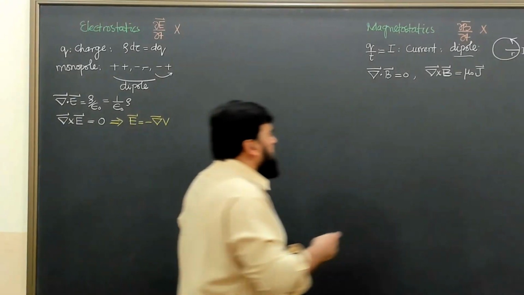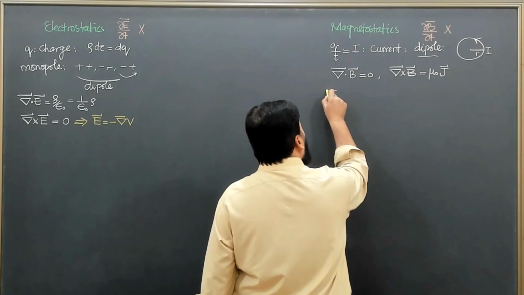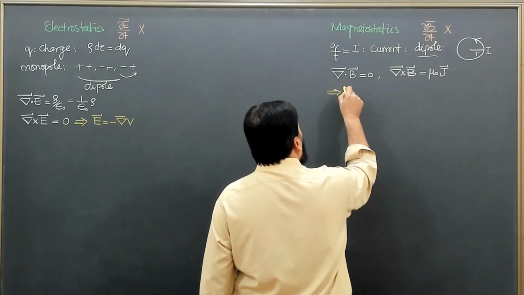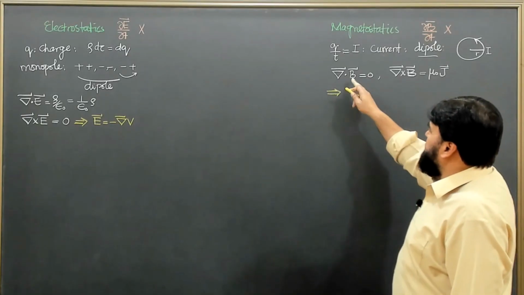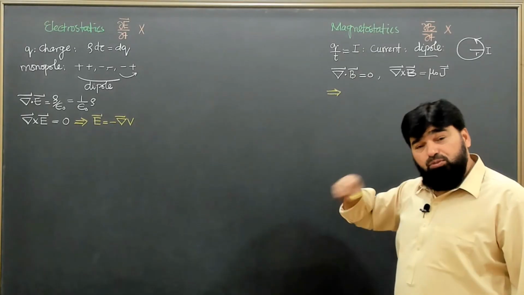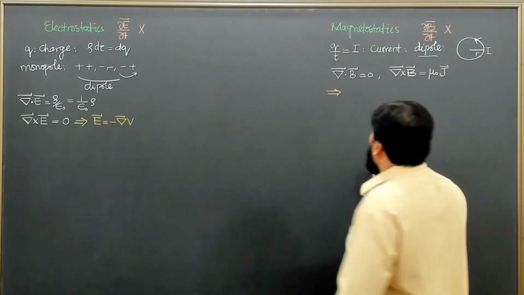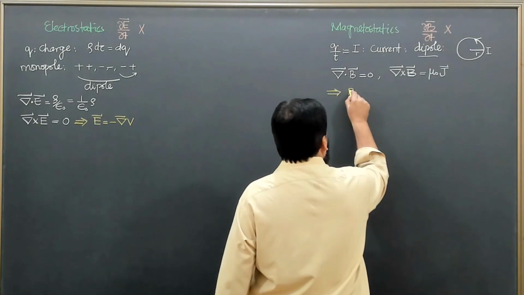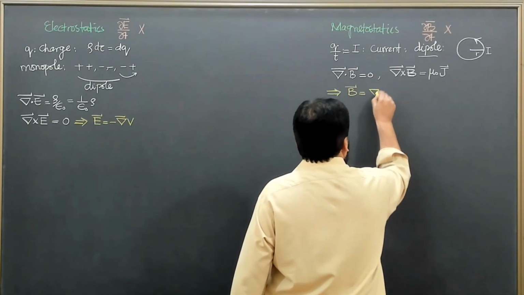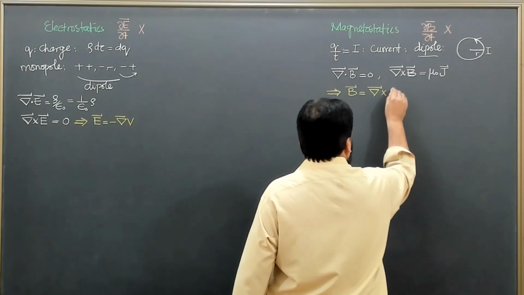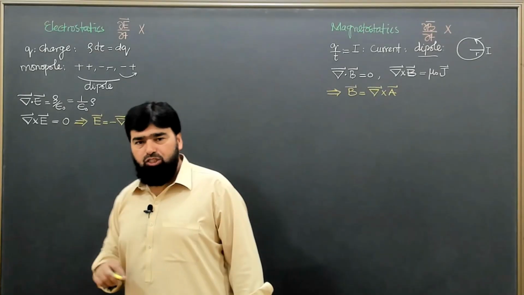And now come back here. The divergence of B is 0, and this compels us to write a potential for this one: the magnetic field is the result of something which is curling, that's why its divergence is equal to 0. This implies that B is written as the curl of its potential, and here the potential is a vector potential.